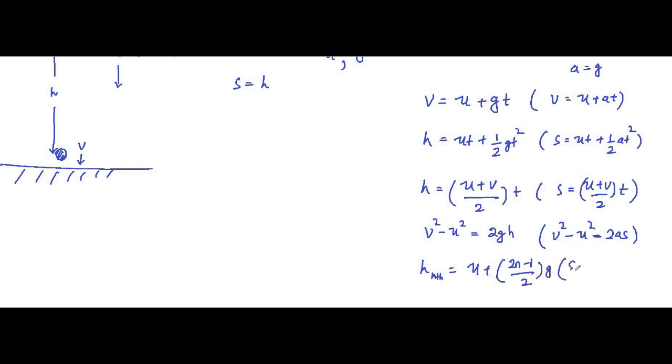This is coming from displacement during the nth second is equal to u plus 2n minus 1 by 2 into a. It is the same thing. Here it is very simple and straightforward because the acceleration and the initial velocity are directed in the same direction.